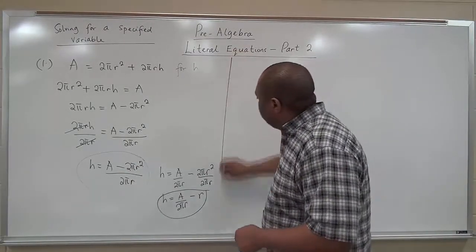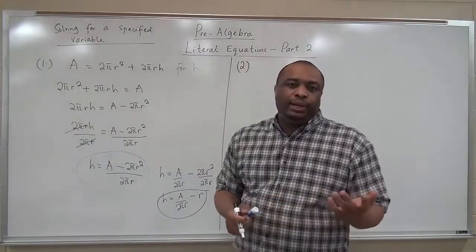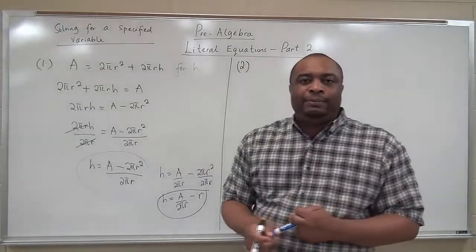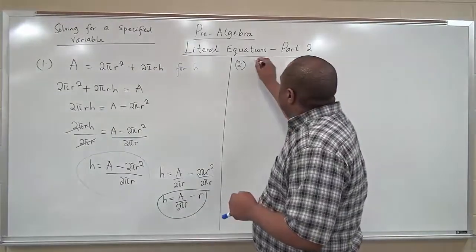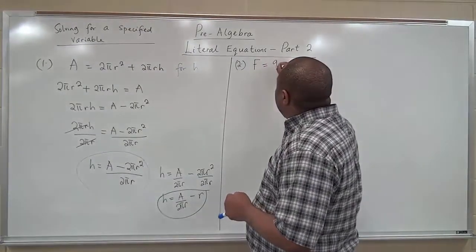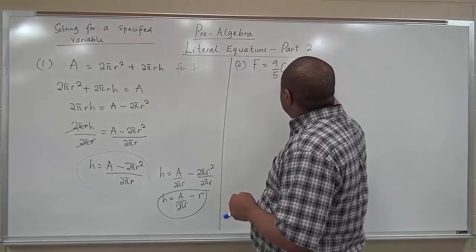Okay, number 2, let's look at the relationship between the Fahrenheit temperature and the Celsius temperature. F equal to 9/5 times C plus 32.